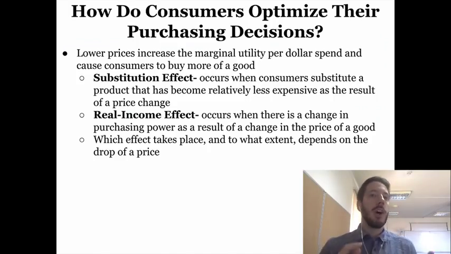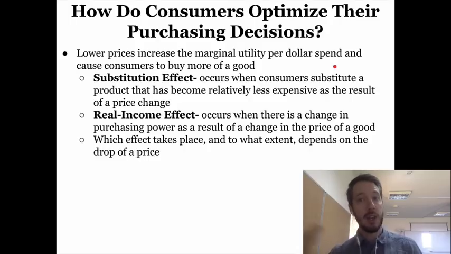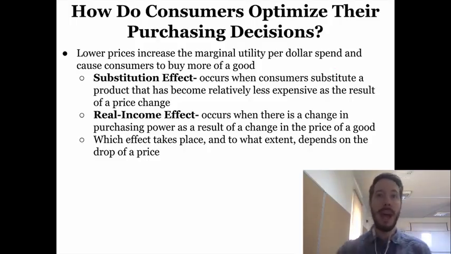Now, the last thing we need to talk about is how the price of a good can affect the utility you get out of it. The idea is that when prices get lowered, the marginal utility per euro or per dollar or per JD spent increases because you're getting more bang for your buck. You're getting more consumer optimism. And that can affect things in two ways.